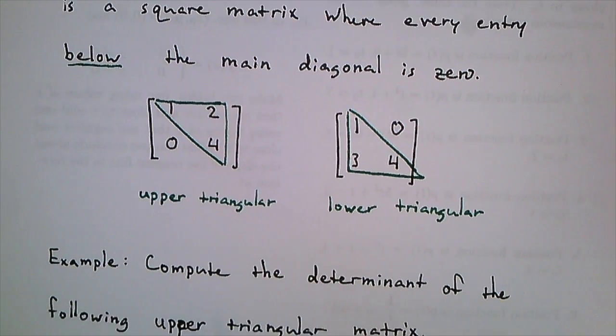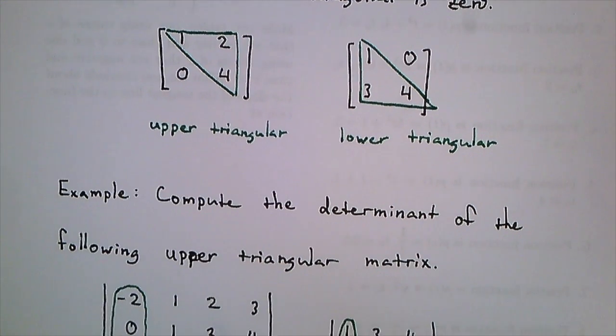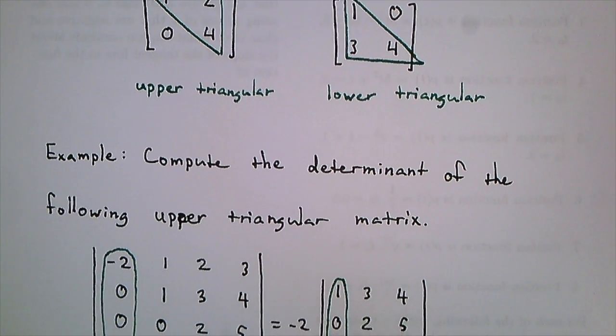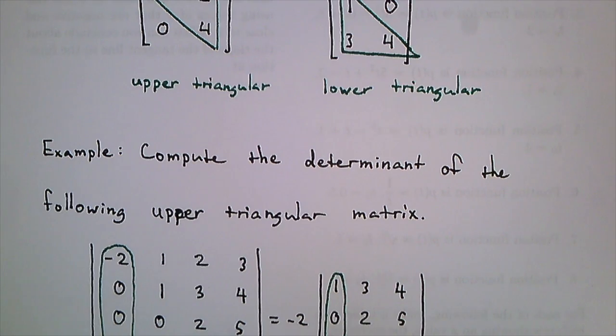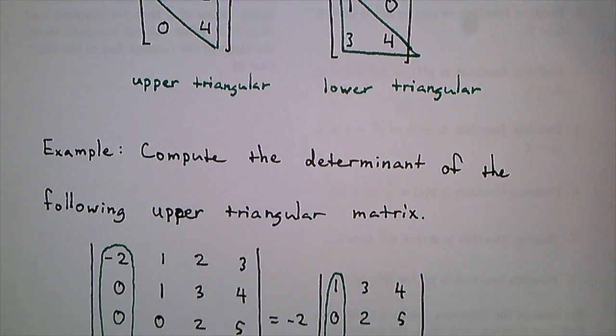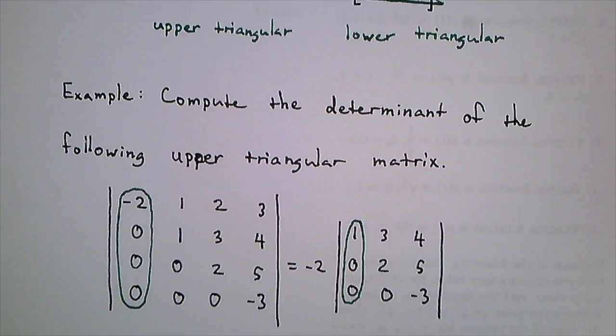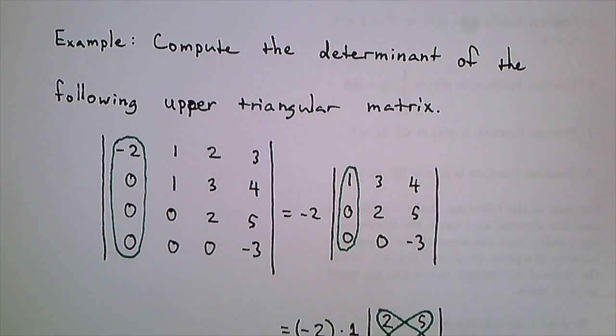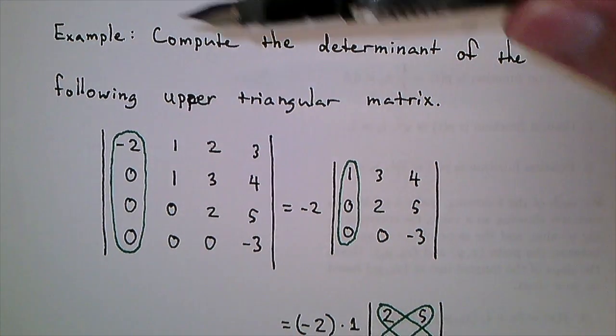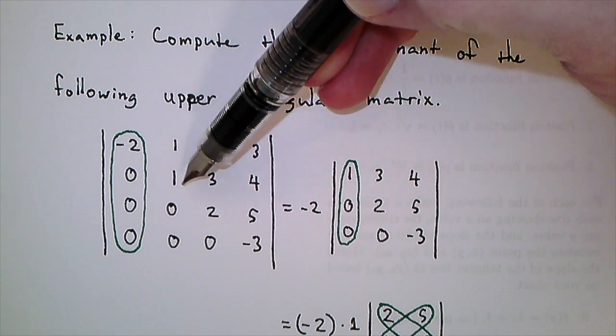Now let's see how to compute the determinant of an upper triangular matrix. Lower triangular matrices are similar. This one is a 4 by 4 matrix. Here's the main diagonal.